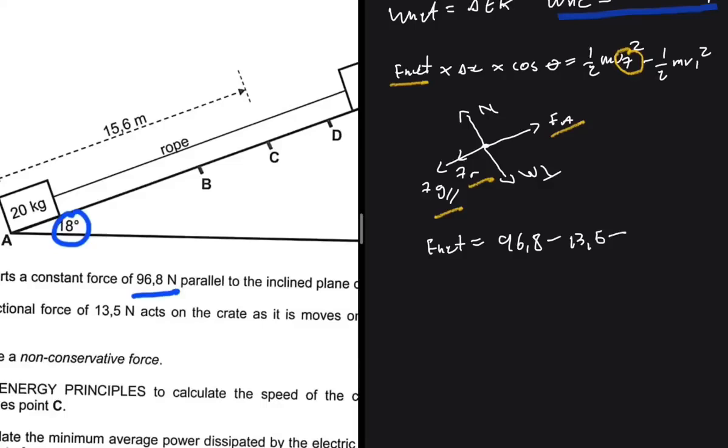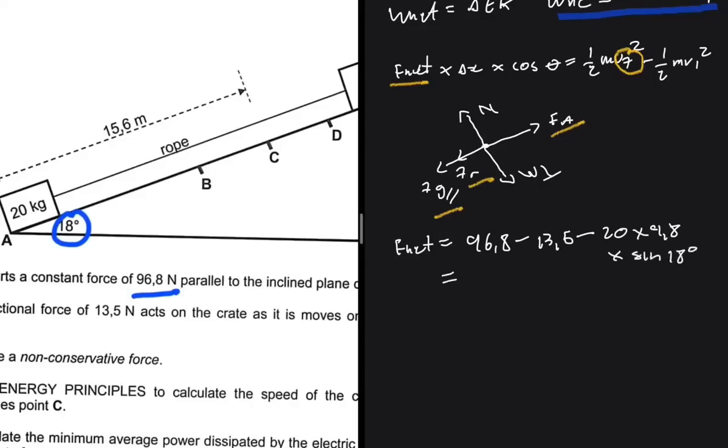FG parallel is mg sine of theta. If we substitute that into our equation, the mass is 20 kg, the acceleration is 9.8, multiplied by sine of 18 degrees.